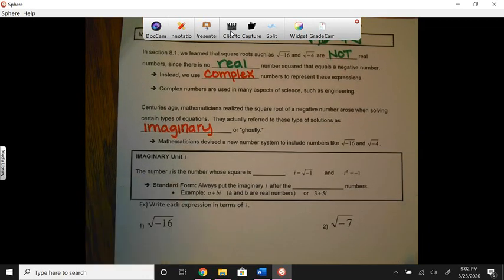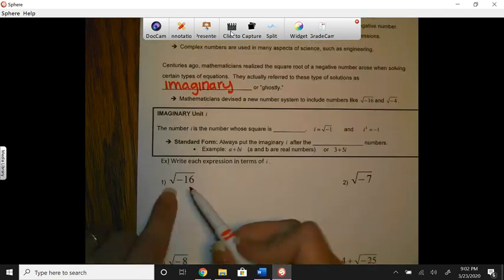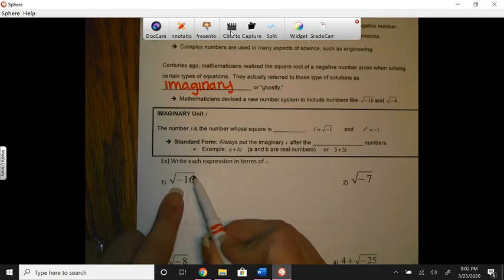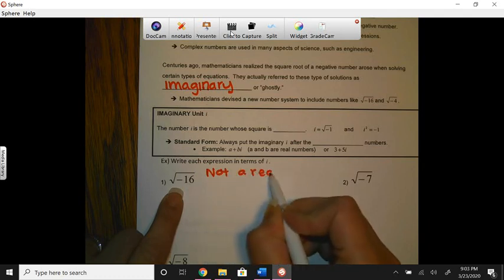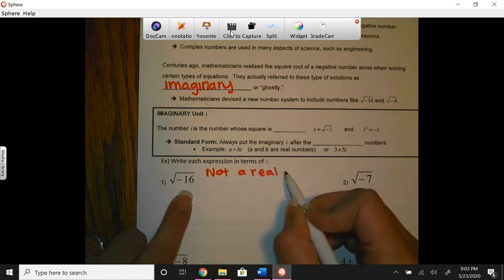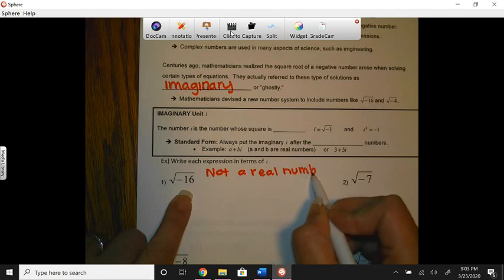So moving forward, to do any of these problems, for example, the square root of negative 16, we would normally write not a real number because there is no number times itself that results in negative 16.